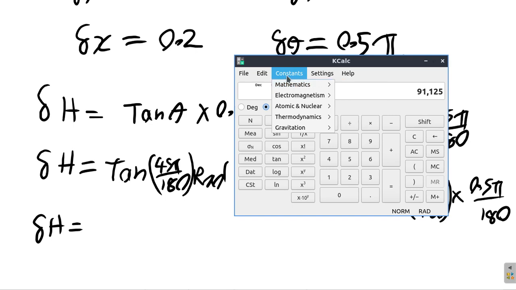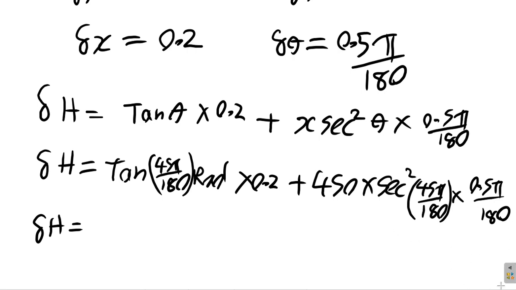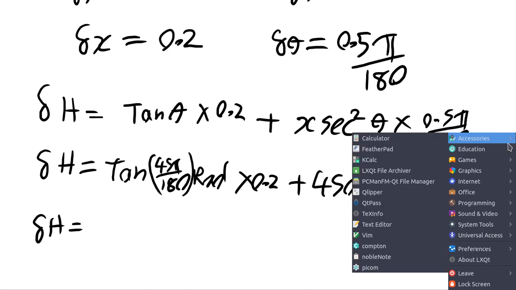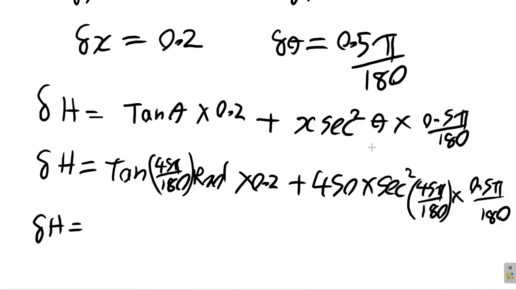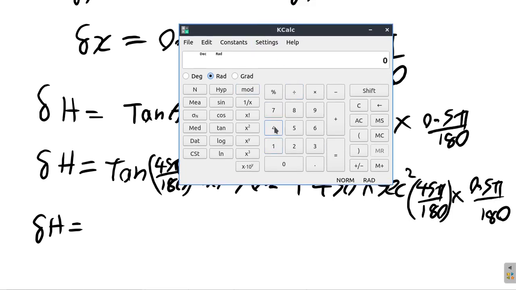Oh, there's pi on it. Let me do this again. This calculator is giving me a bit of a problem. Alright. So 45 multiplied by constants pi. Good.